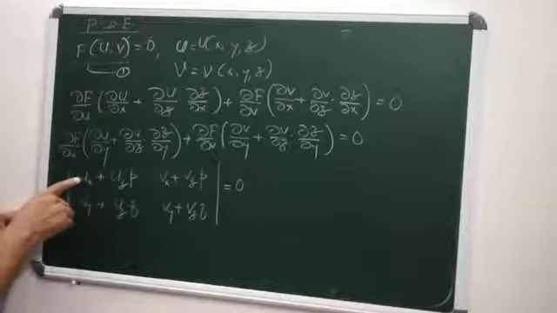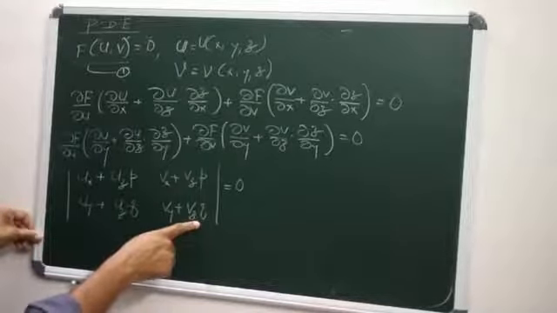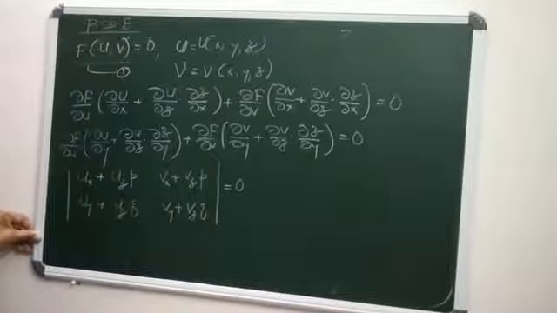So that means ux plus uzp into vy plus vzq minus uy plus uzq into vx plus vzp equals 0.